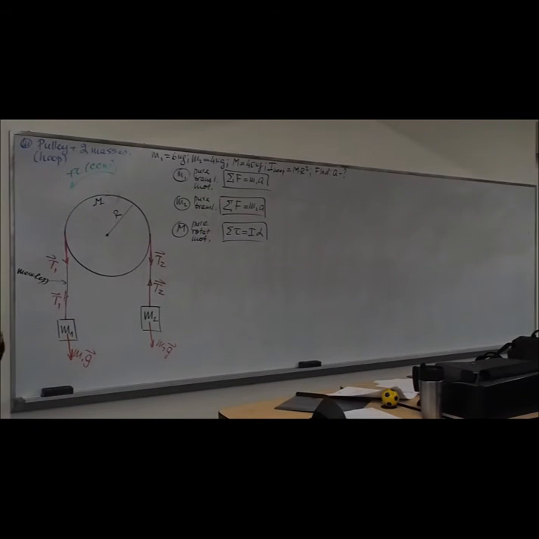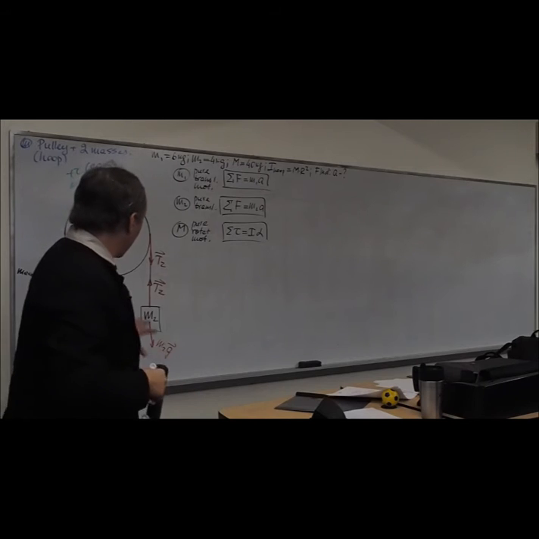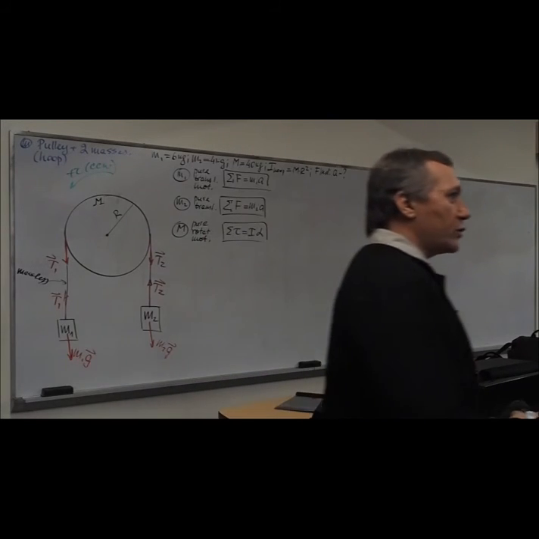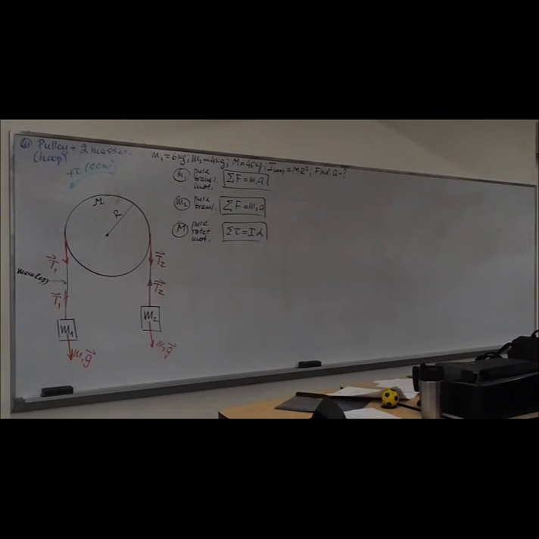But before I can introduce a coordinate system for these two masses, can you tell me what will be the direction of acceleration? Counterclockwise, because that mass is heavier than this mass. Basically, we can see that.